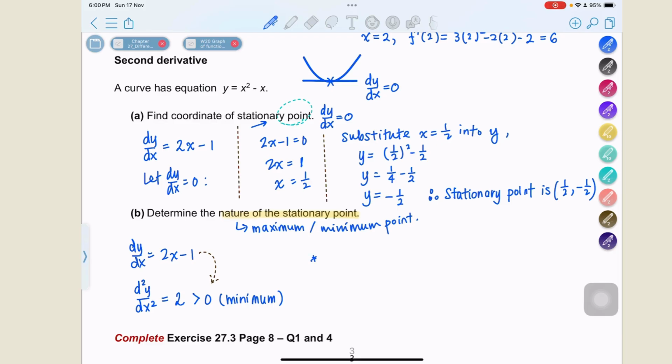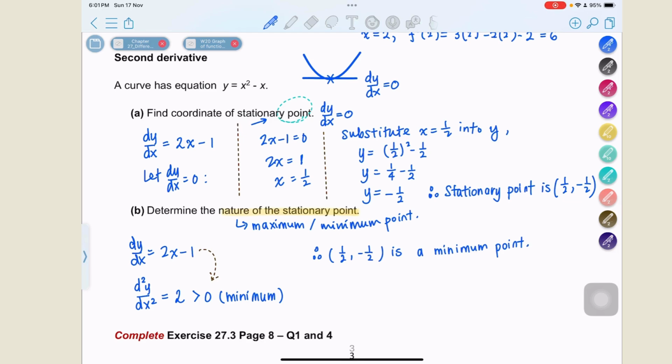They will give a reverse meaning for negative. You have to write down, therefore, half and negative half is a minimum point. Please complete page 8, questions 1 and 4. The answers are also attached in the handout.